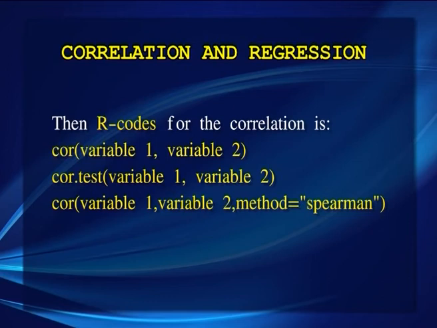The command to test correlation is cor.test(variable1, variable2). The command for Spearman's rank correlation is cor(variable1, variable2, method = "spearman").